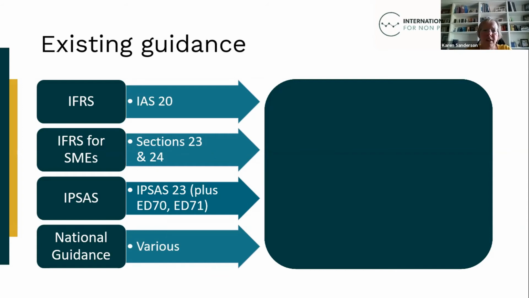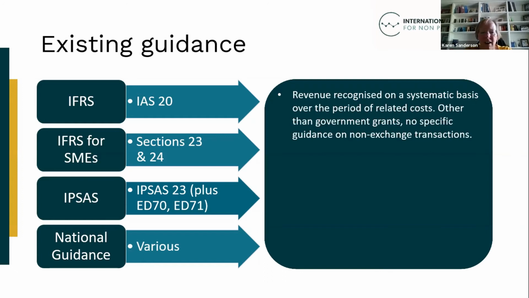So if we look at some of the specifics that are there, within IFRS, IAS 20 provides guidance on the accounting of revenue from government grants. It doesn't specifically cover other types of non-exchange revenue. And on government grants, the standard provides that revenue is recognised on a systematic basis over the period that the entity recognises as expenses the related costs that the grants are intended to compensate.